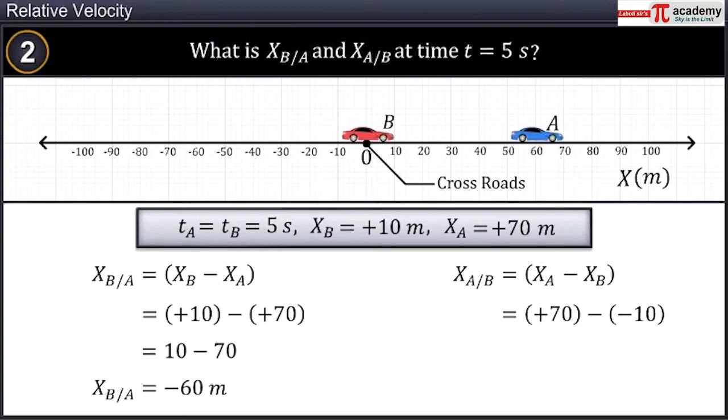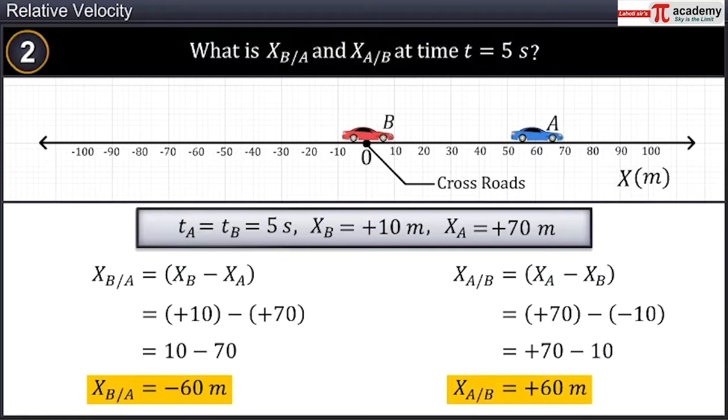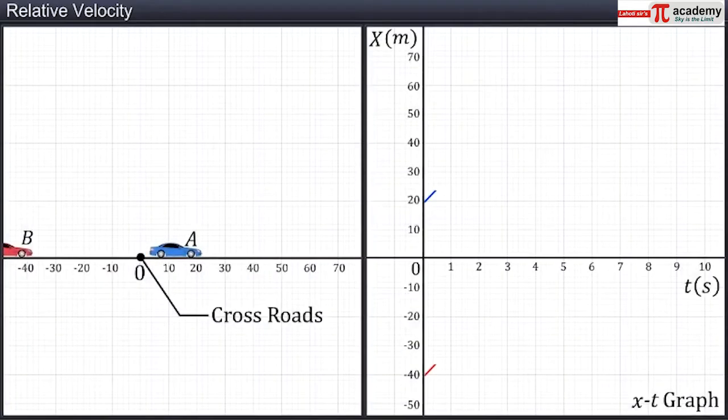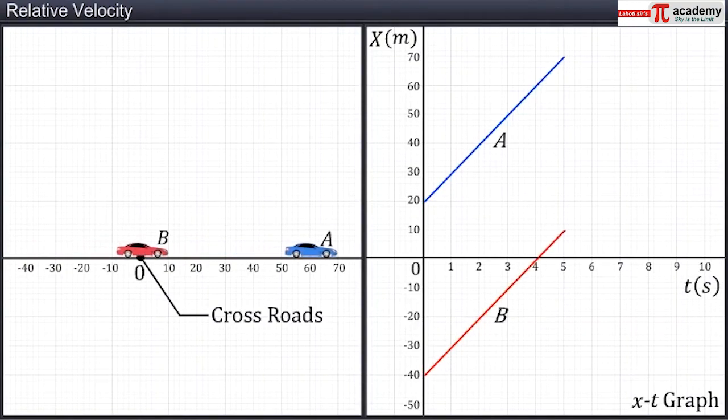On substituting values and simplifying, we get xA/B equal to plus 60 meter. We observed that xB/A and xA/B are same in magnitude. This implies that the distance between the two cars remains constant irrespective of time elapsed from the first observation.